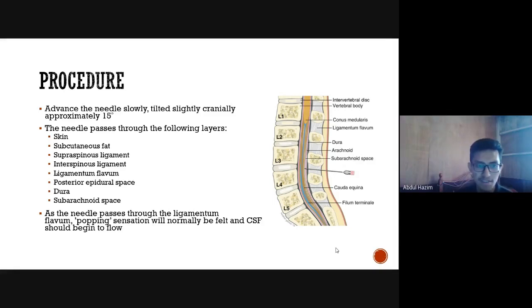As the needle passes through the ligamentum flavum and bridges the dura, you can feel a popping sensation, because that indicates a decrease in resistance, and usually the CSF should begin to flow at this time.